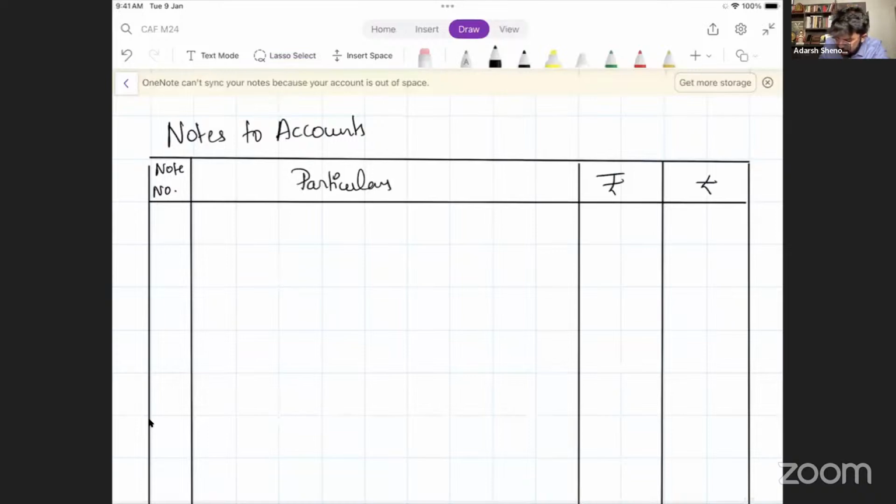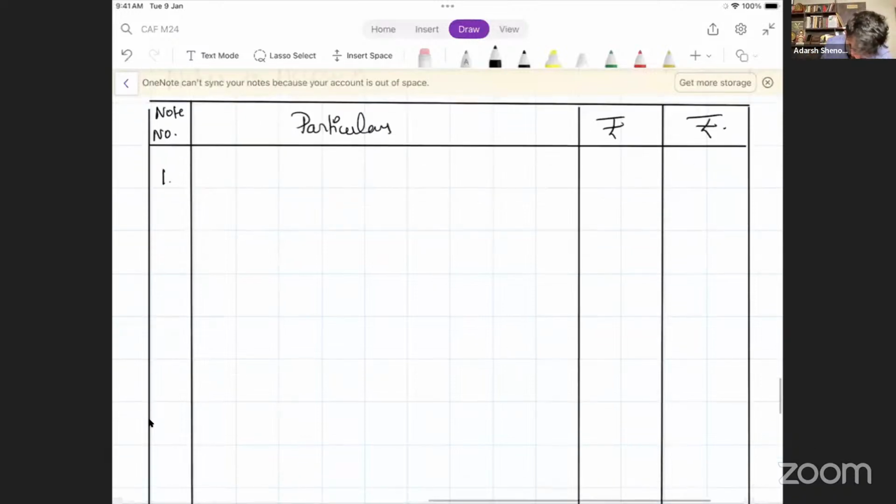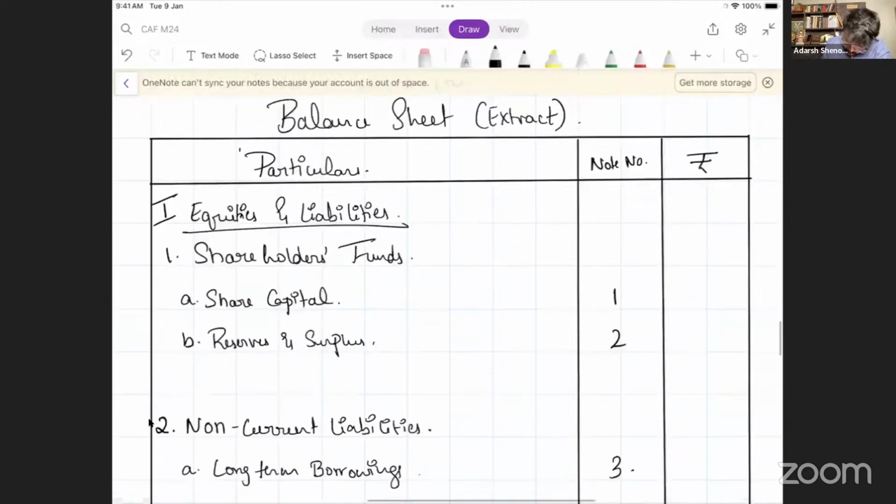Two amount columns I've drawn, inner amount column and outer amount column. First note is for share capital.